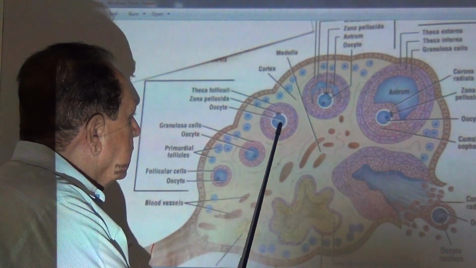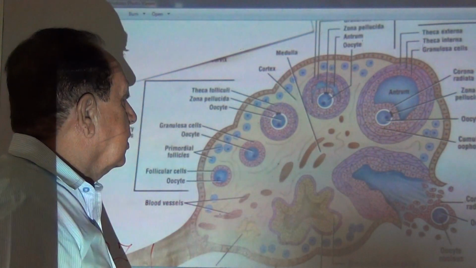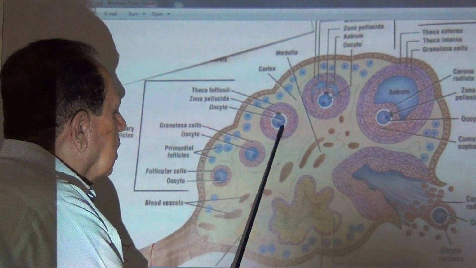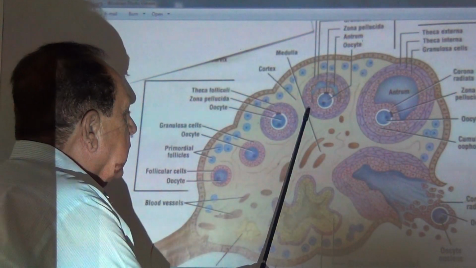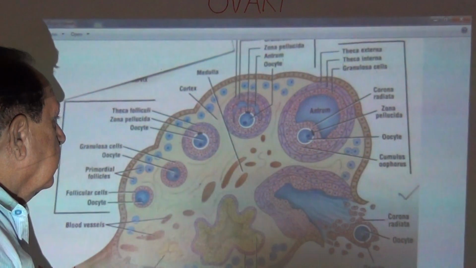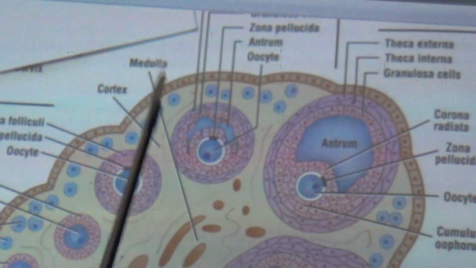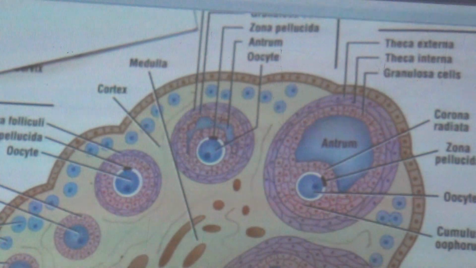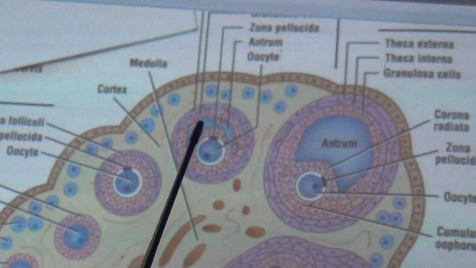Up to this stage, these are the primordial and primary follicles. Then in the next stage, the size of the oocyte increases and the layers of granulosa cells increase. Small spaces appear between these cells, and these small spaces join together.